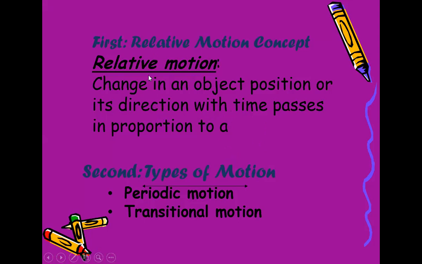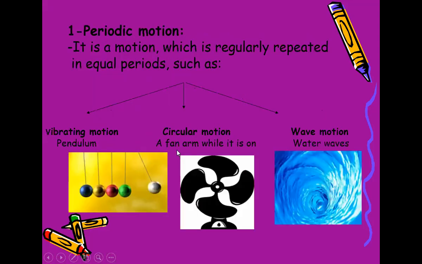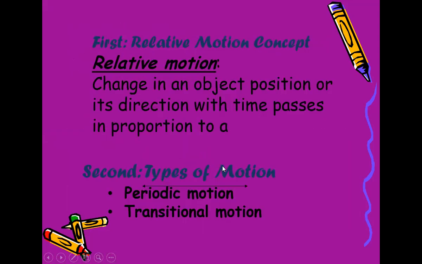The simple meaning of relative motion is the change in an object's position or its direction, maybe from left to right or right to left, maybe forward or backward. That's right. So relative motion is the change in an object's position or direction with time.